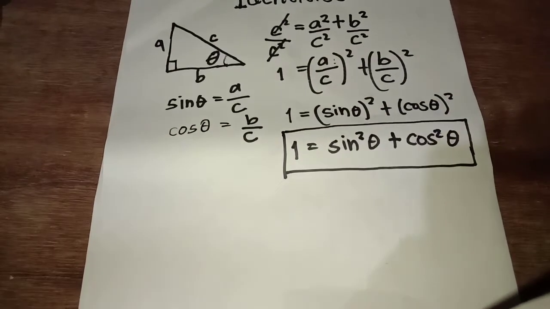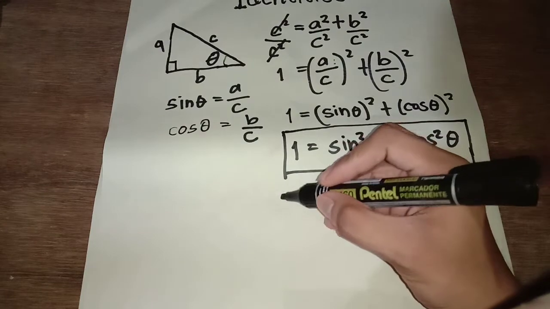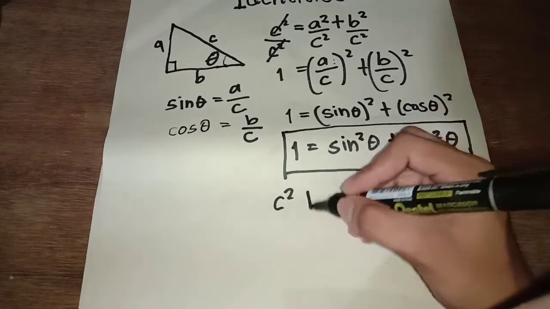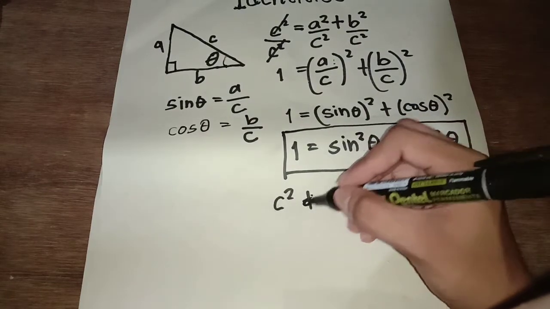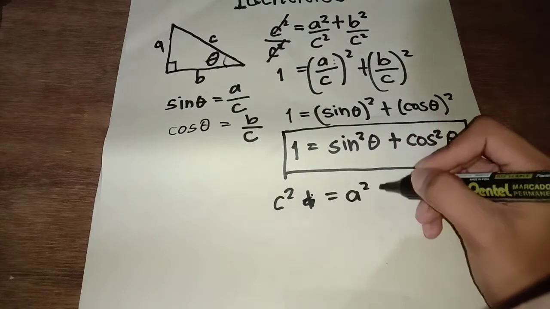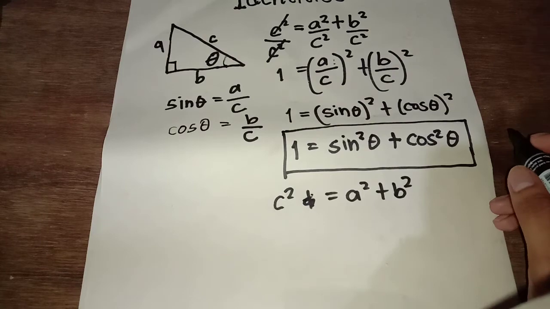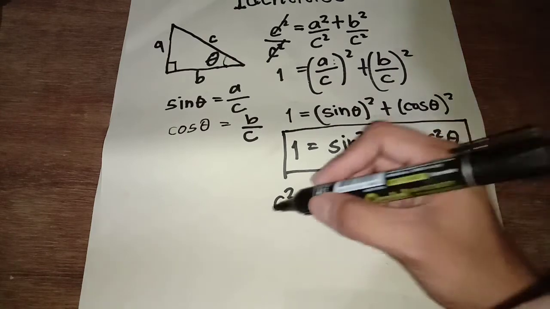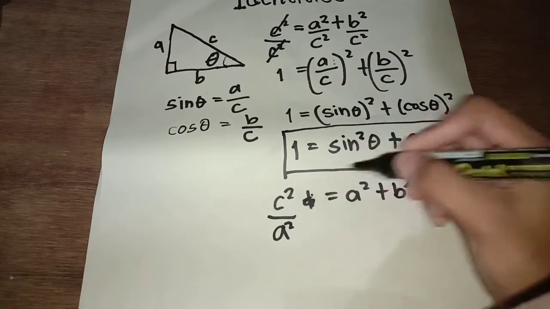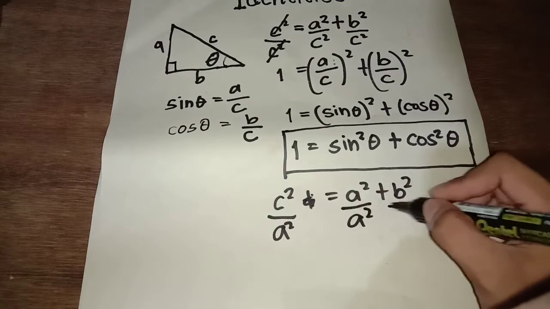So once again, from the Pythagorean theorem, c squared is equal to a squared plus b squared. And ngayon, i-divide naman natin siya sa a squared ang both sides of the equation.